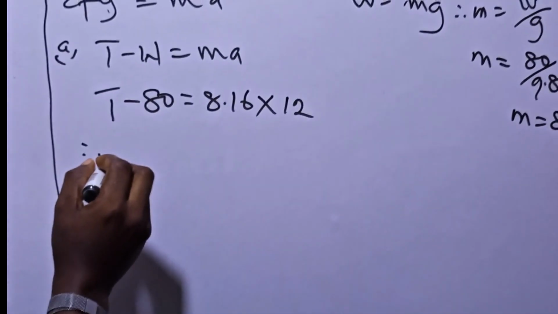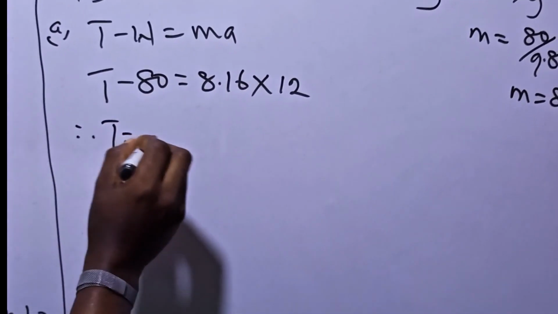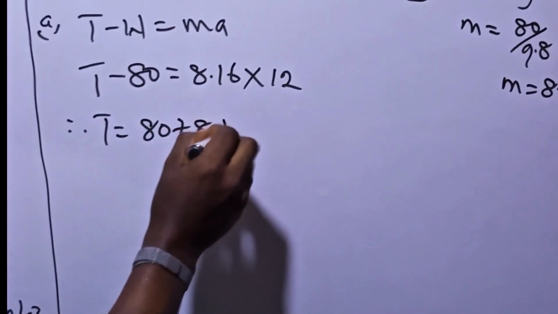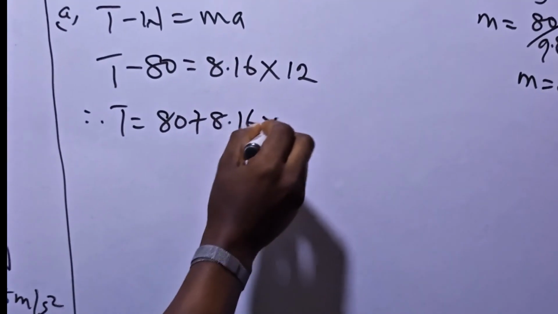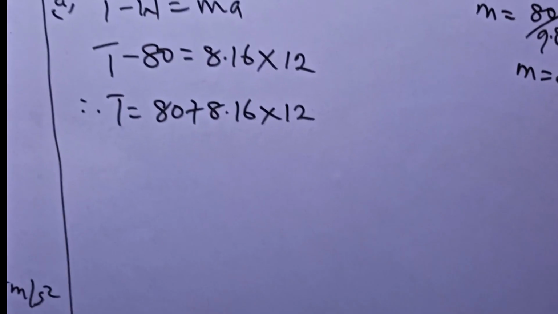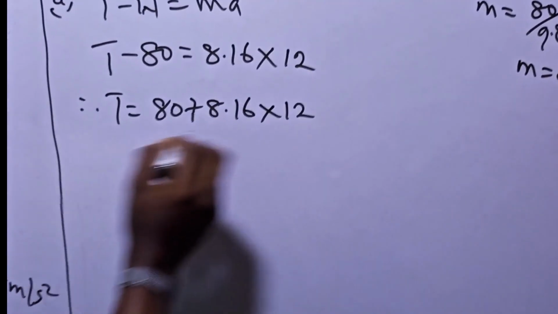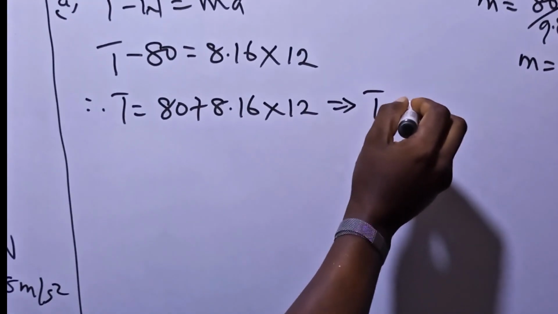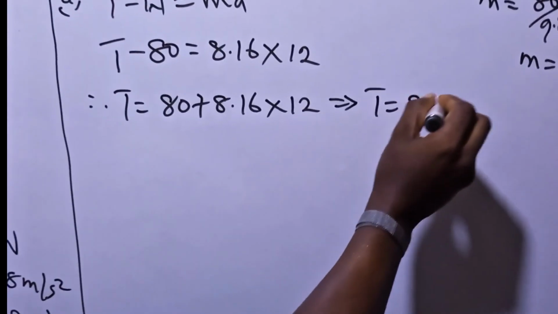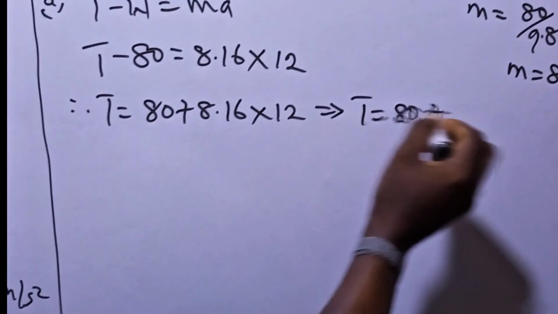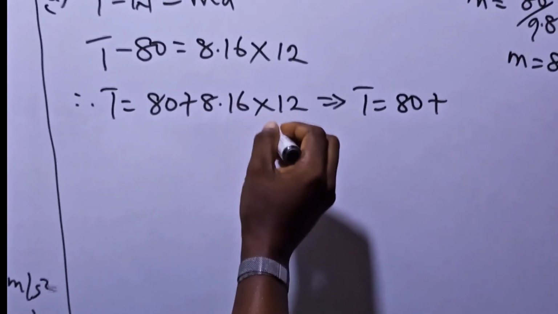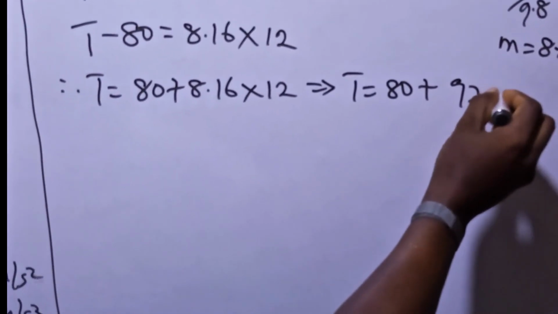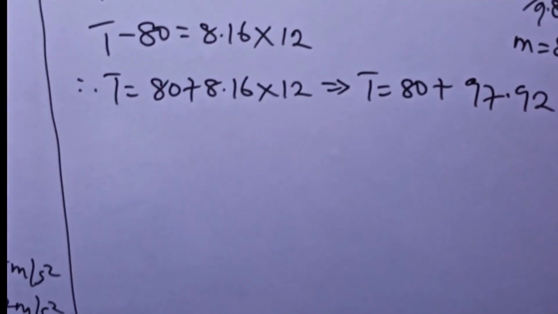Therefore, we will have tension equals 80 plus 8.16 multiplied by 12. 8.16 by 12 will give you 97.92.